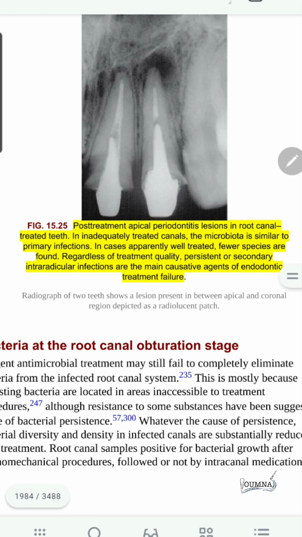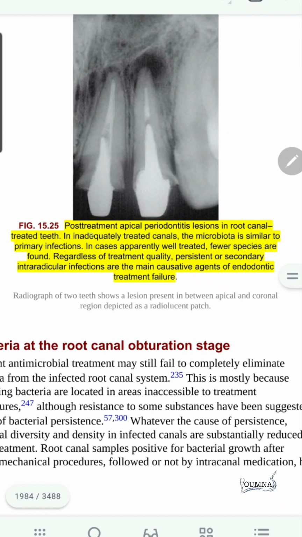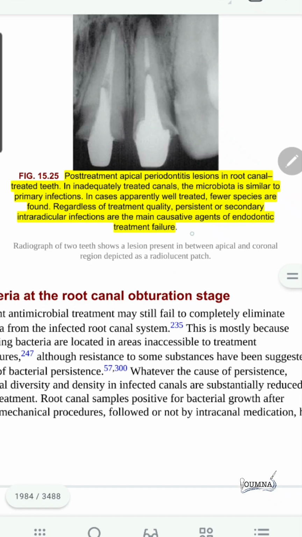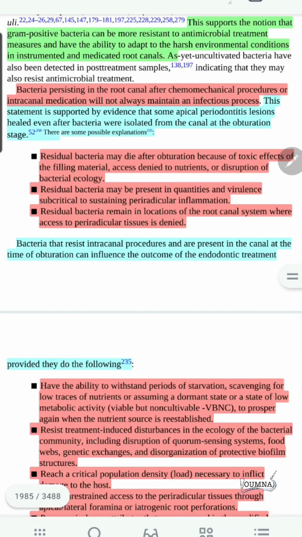As we said before, in inadequately treated canals like this one, the microbiota is similar to primary infections, like the tooth has not even got any treatment. But in cases that are apparently well treated, we find that fewer species are found, and the bacteria are more persistent. These are the cause of the failure of the canal treatment.